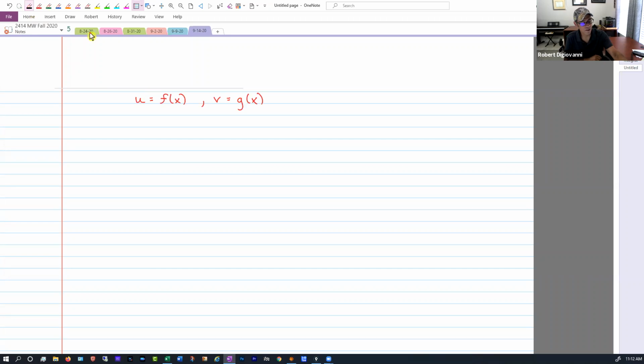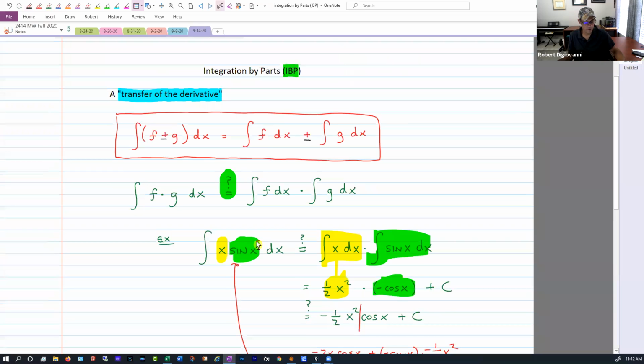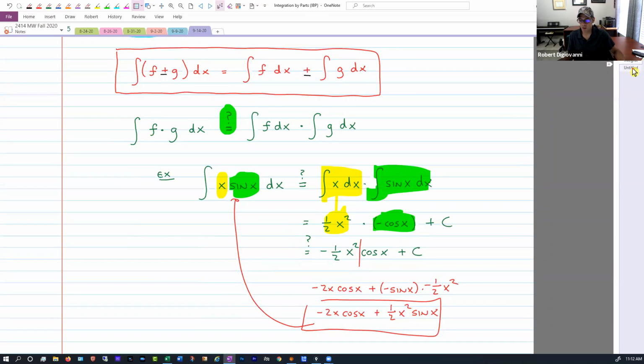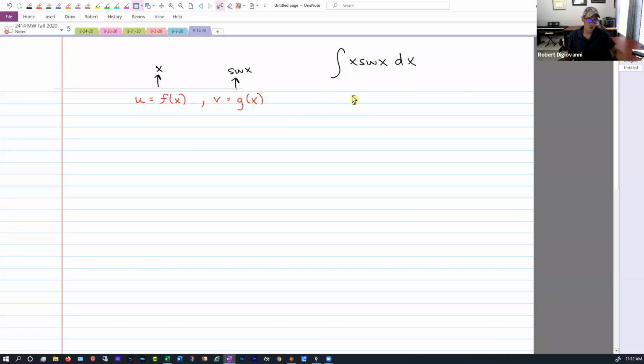So in the previous example, this was the x, and this was the sine x. And I'll put that problem up there as a reminder of something we'd like to be able to solve. Wait, was it cosine? No, it was sine. Yeah. That was a problem that I had just done, and we realized that it doesn't work the way we wish it would work. And so we're stuck.